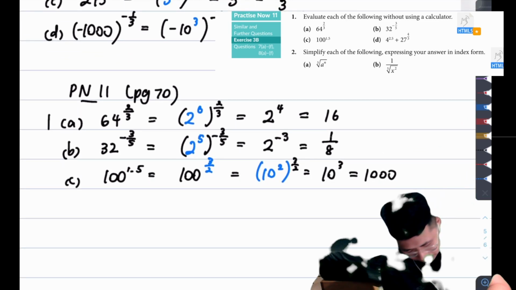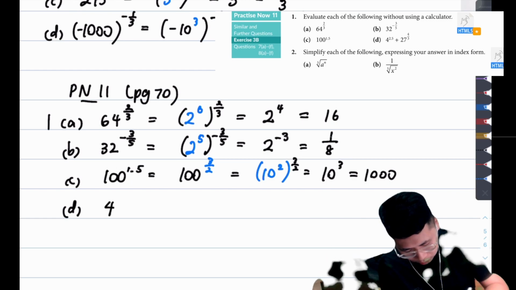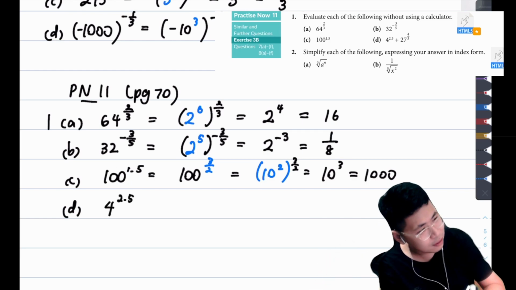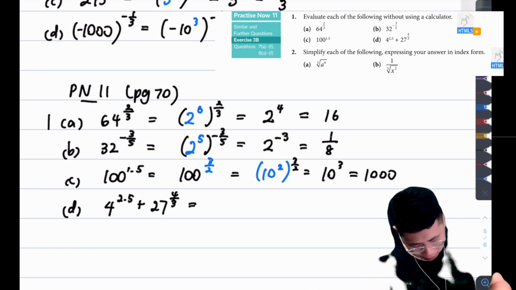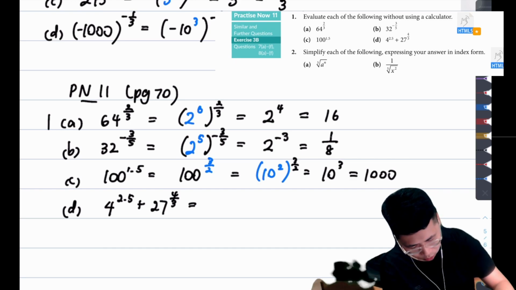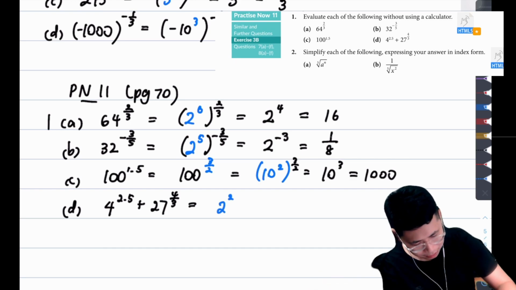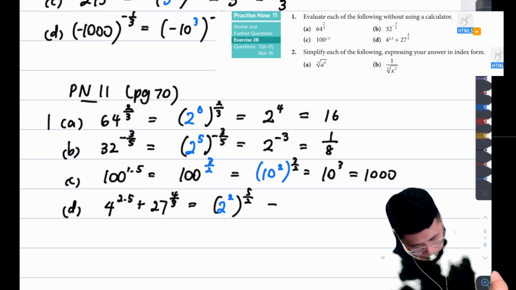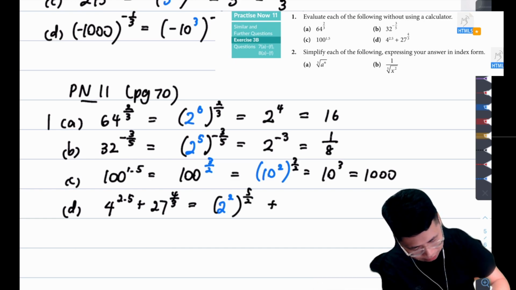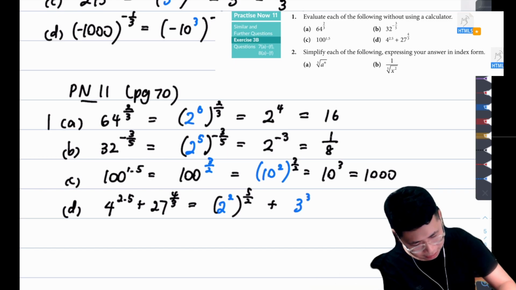And for part D, we have 4 to the power of 2.5 plus 27 to the power of 4 over 3. Now it is a sum. So 4 to the power of 2.5, I can write this as 2 squared, right? And 2.5 simply means 5 over 2. Plus 27, I'm going to write this as 3 cubed, so we need to be familiar, yeah?